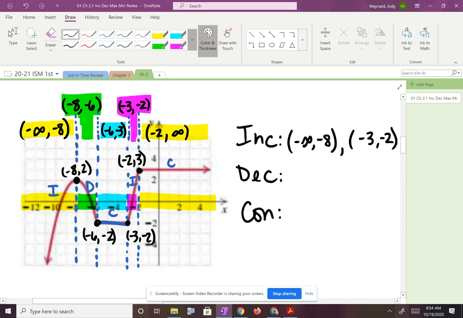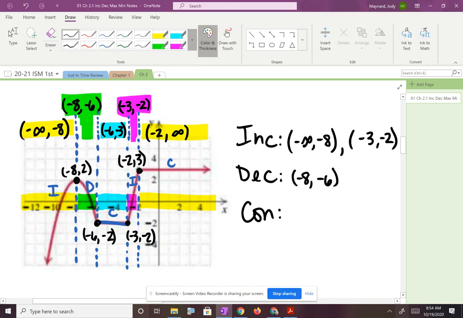Does anybody not understand where I got those things? Good? All right, we are decreasing. Now we are only decreasing once, and we already labeled it, and it's this green one right here, right? So we are decreasing from negative 8 to negative 6.